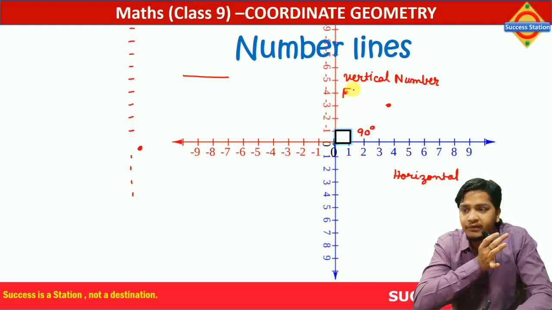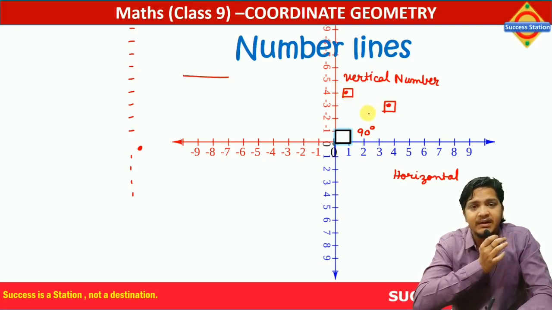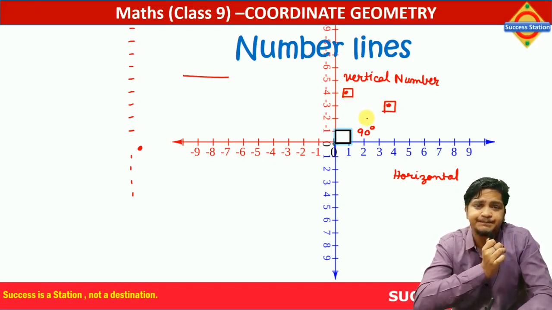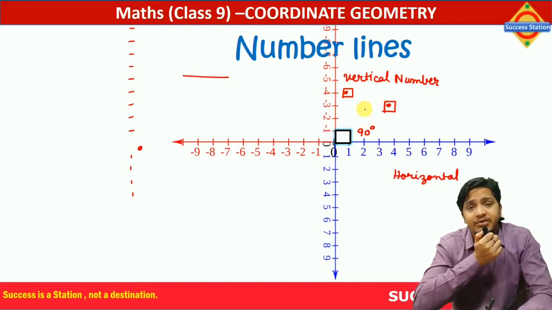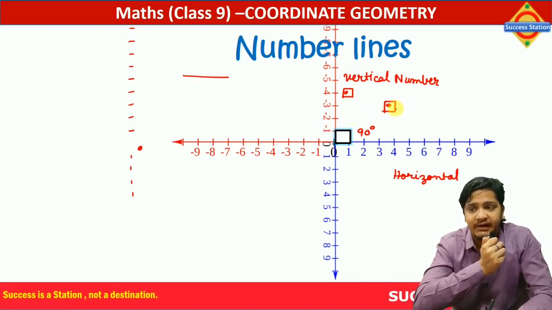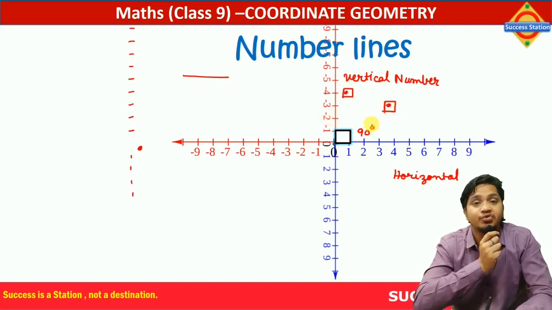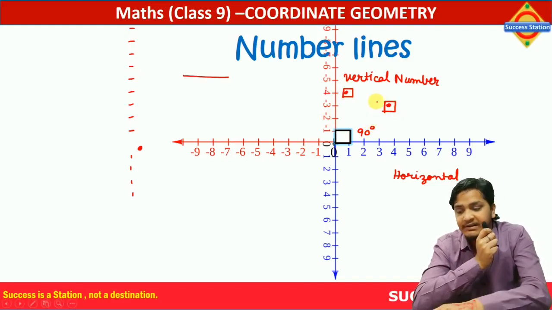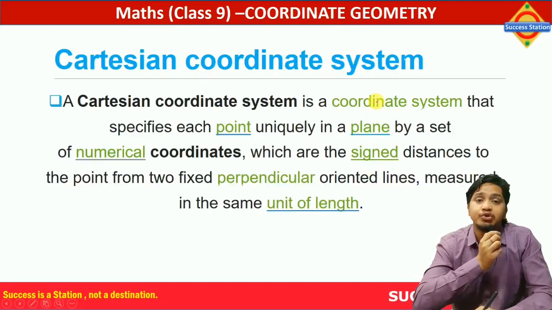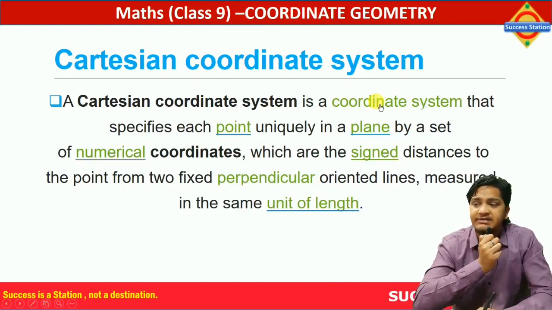You have a house over here and you have a house over here. Both houses, will they have the same address? No, they should have a different address. That's why then only we will be able to differentiate the two houses. If some person comes to visit your house, then he should not go to the other's house, because every house should have a unique address, right? Similarly, every point should have a unique address, right?